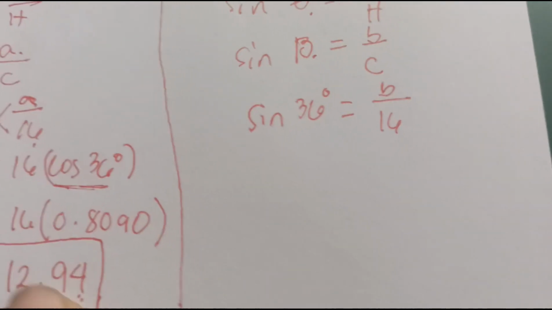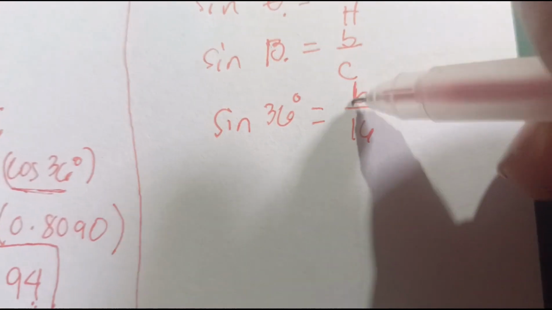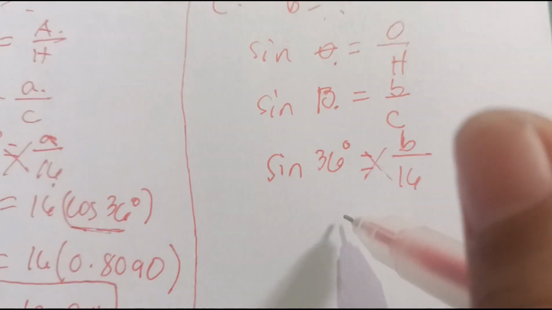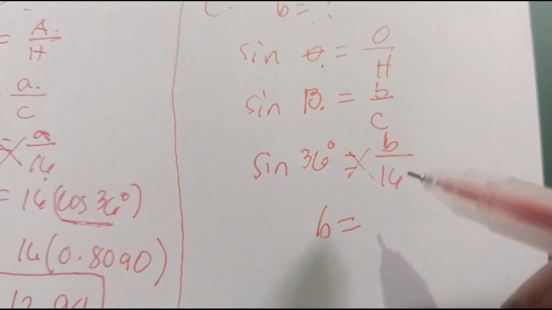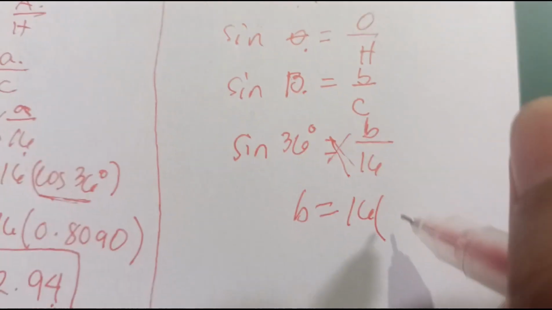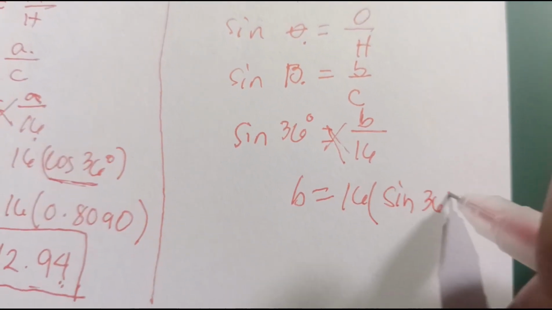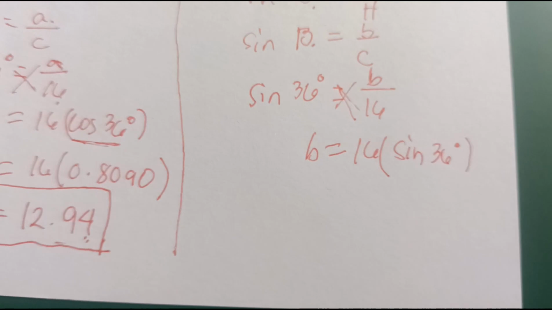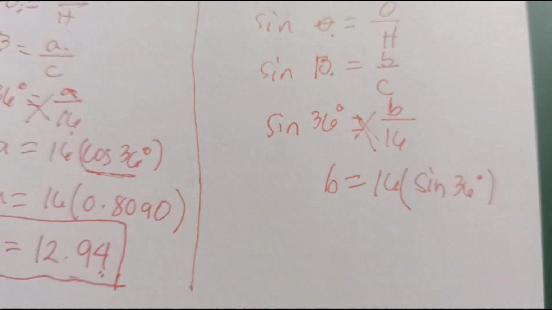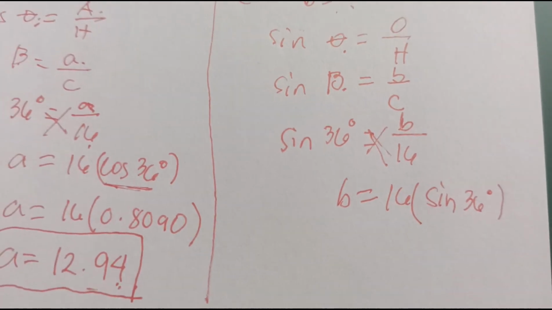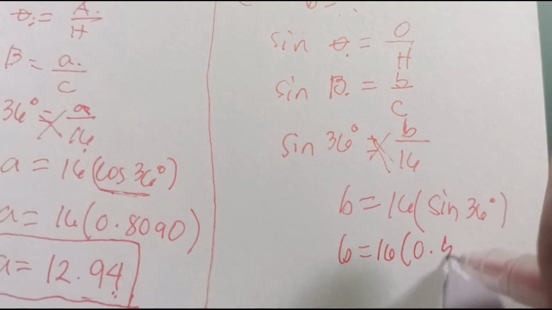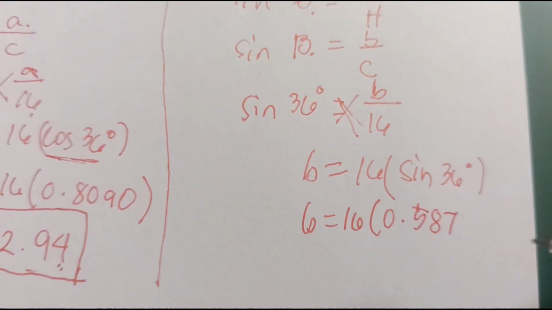So, we have this now, and we're going to cross multiply. B has no pair, so we put it on the left side. This is the pair. We start with 16 times sine 36. We put sine 36 degrees in a calculator. The answer is 0.5877.